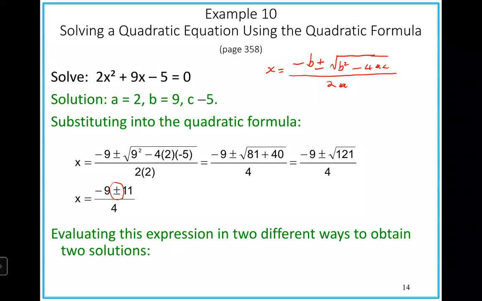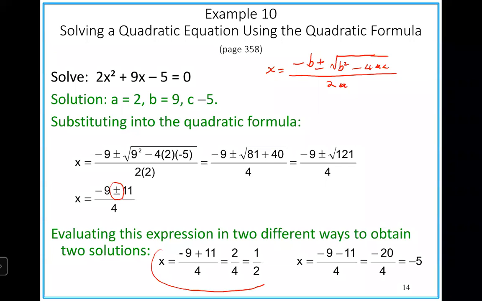So minus 9 plus 11 over 4 is the working for adding, and minus 9 minus 11 over 4 is for subtracting.